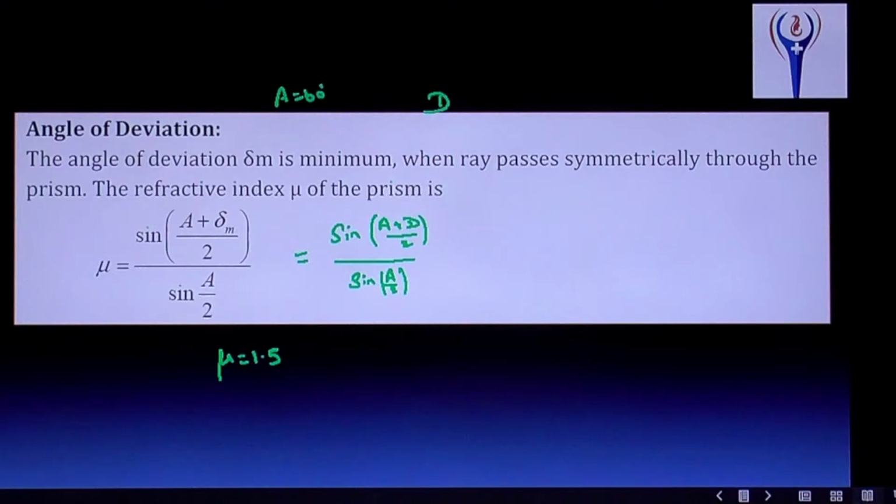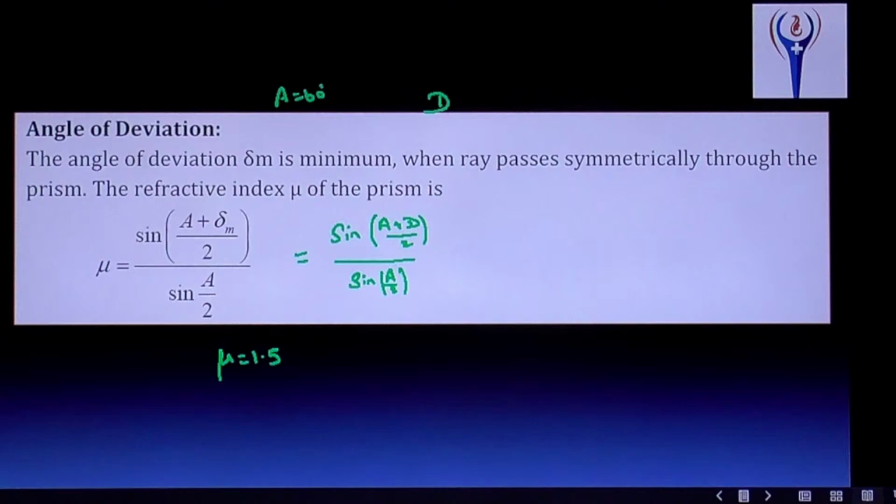That is the angle of minimum deviation. After finding that, the angle of deviation becomes the angle of minimum deviation, which may be used as delta M, or in our lab in the spectrometer we will use capital D. Capital D is the angle of minimum deviation.